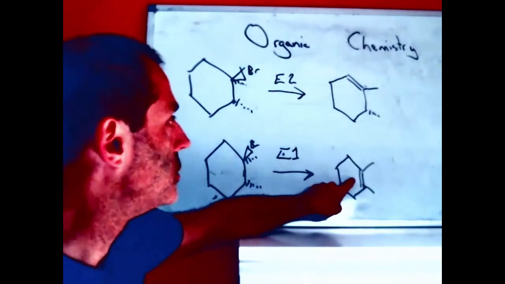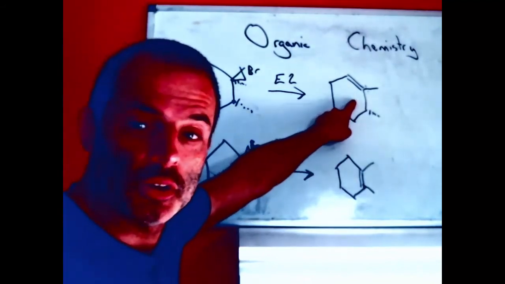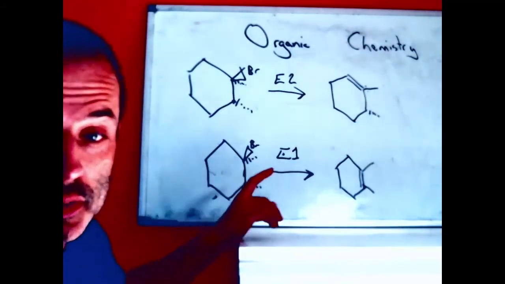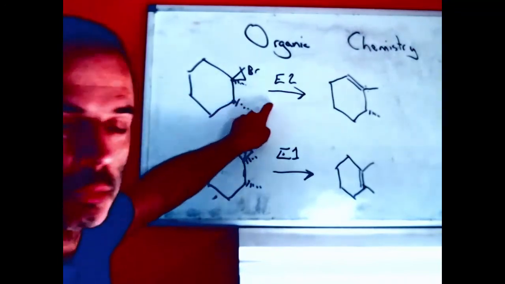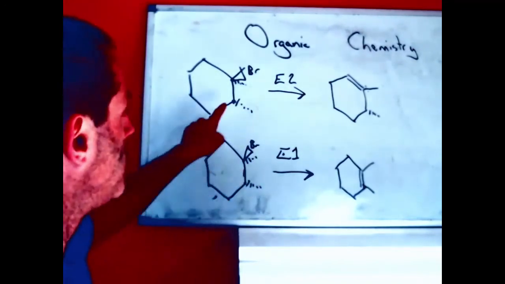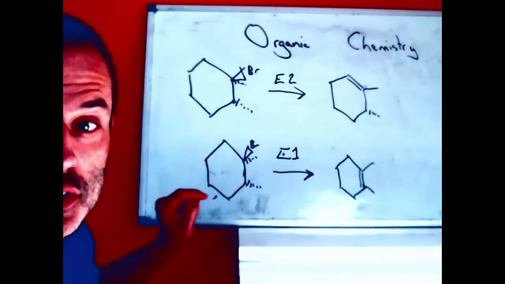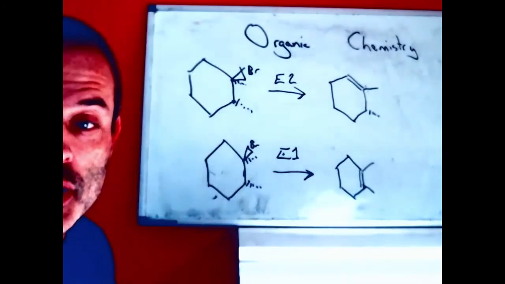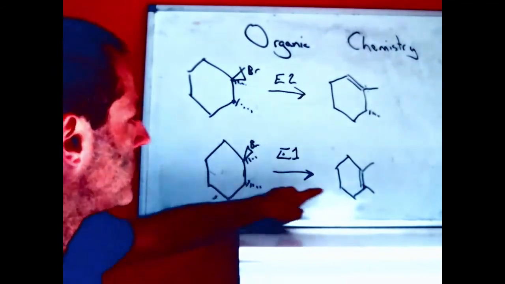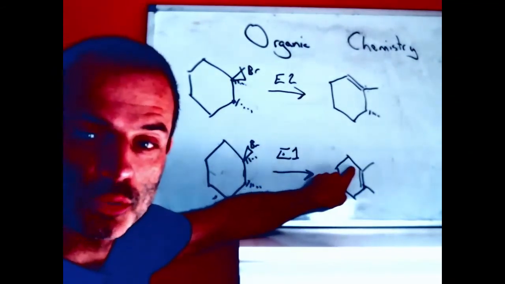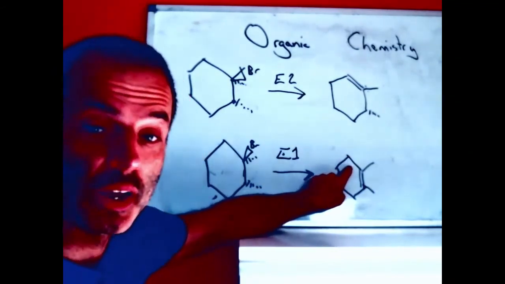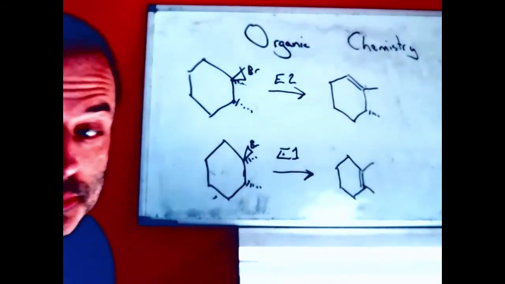This more substituted double bond is lower energy than this, but it cannot form via the E2 reaction with this molecule, because there isn't a hydrogen on the correct side for it to happen, so it forms the other product. This one can also form the other product, but it is comparatively rare, because this one is more stable.